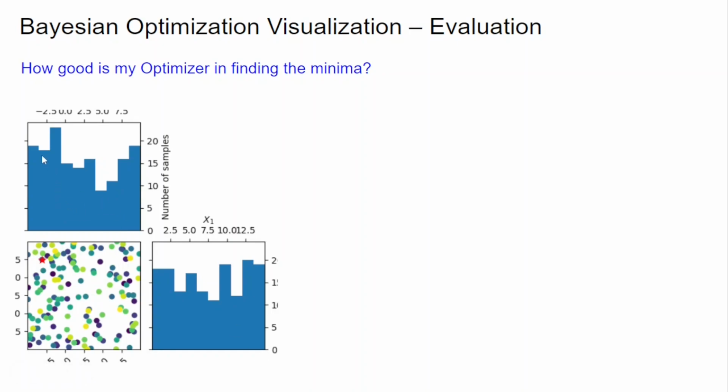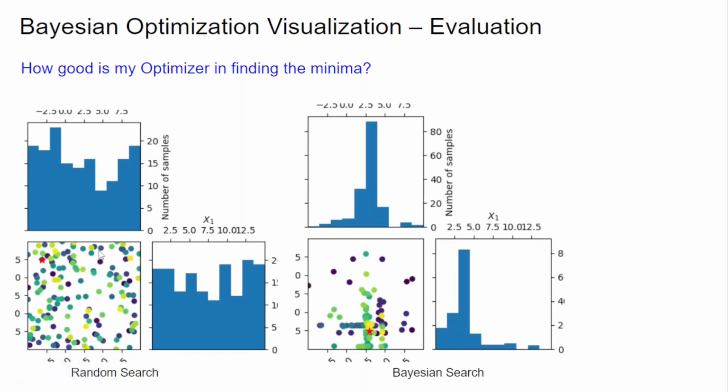So it basically tried various values for the first feature, second feature, and it is showing me here where it found the minima, and where all it tried randomly trying to find the minima. It tried various points as it went. Let's see what the Bayesian search did.